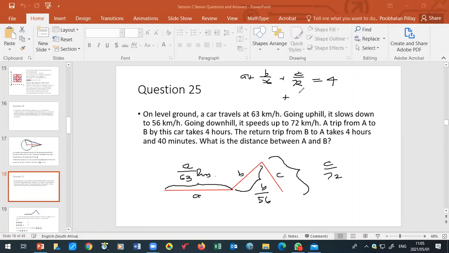So the time that it takes to travel uphill will be C over 56, and it'll be B over 72 downhill, and the same A over 63 here. On the flat, it will take the same time. And now this is actually 4 hours and 40 minutes. So it's 4 and 2/3.